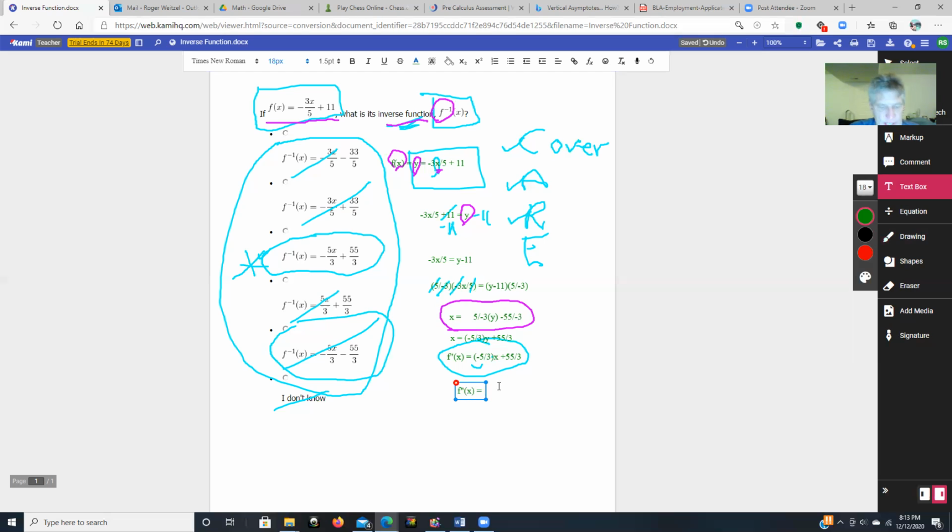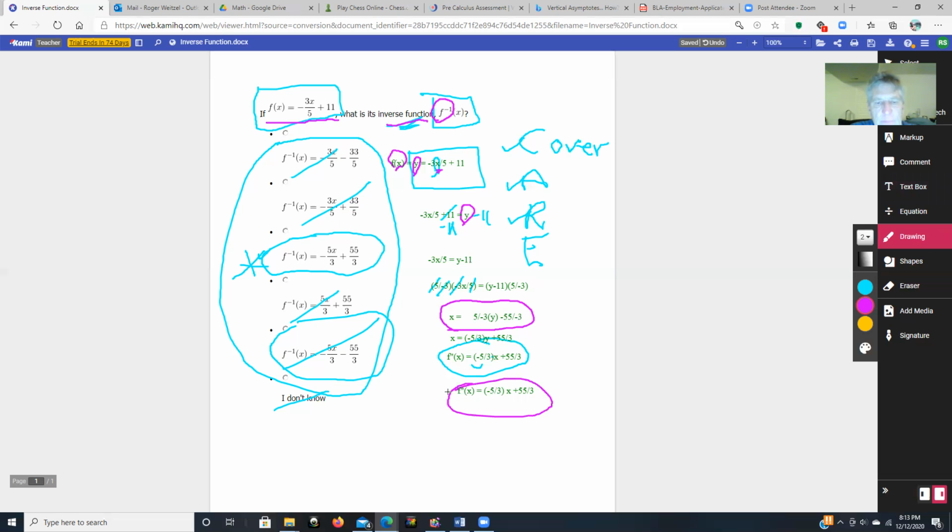And then on the other side, we are replacing our variable with x again. So this was our answer. And at this point, all we had to do was find this answer among these possible answers. And this one turned out to be the answer.